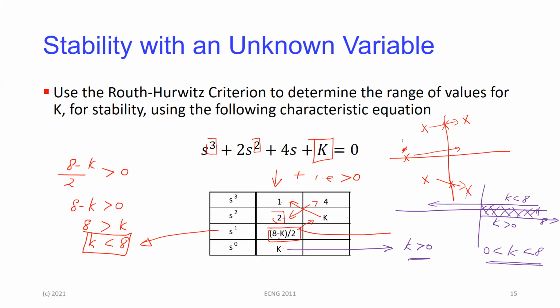What values of k would make the system unstable?